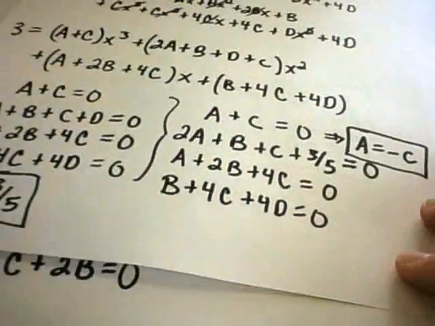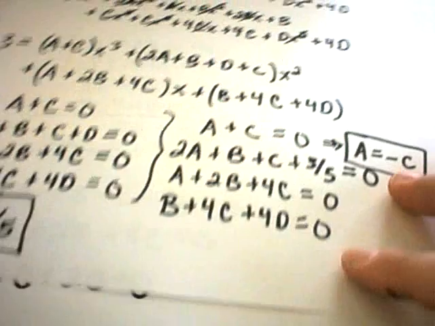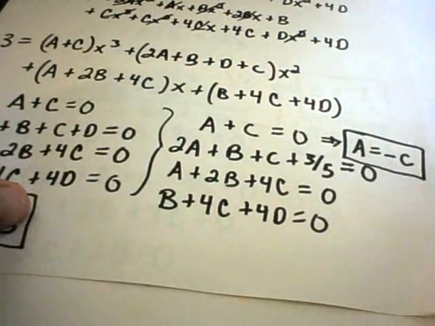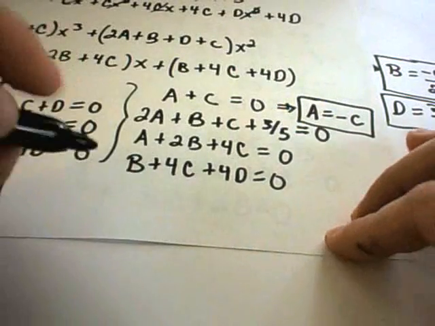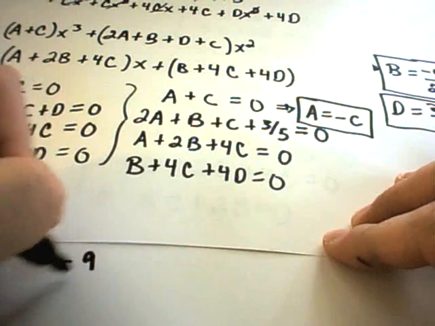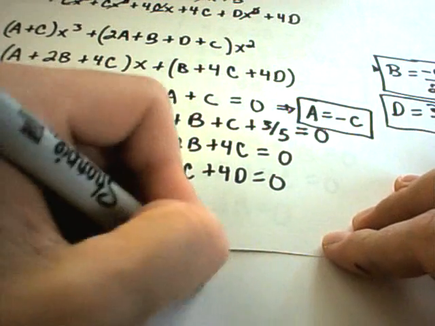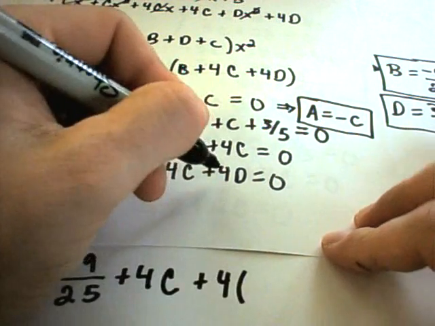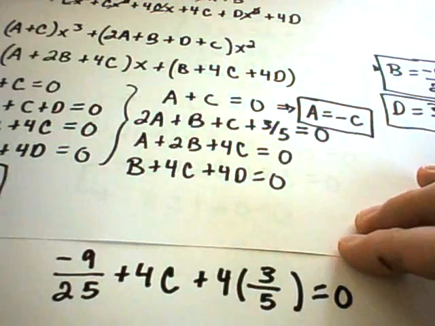So notice now in my bottom equation I had b plus 4c plus 4d, but I now know what my b value is. I now know what my d value is as well. So b is -9/25 plus 4 times c plus 4 times d, which was 3/5. That equals 0.